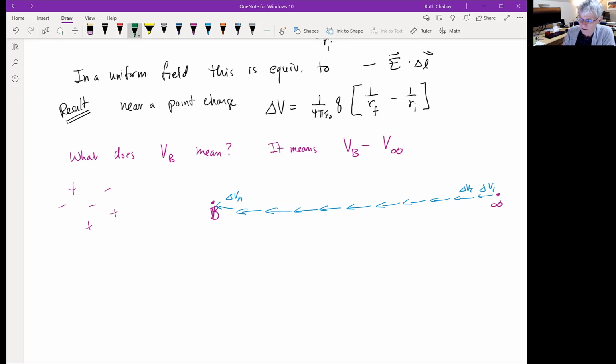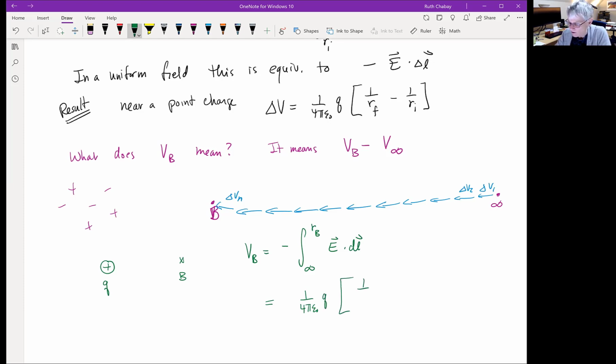So if we consider our example here, here's our positive point charge Q, and here's location B. V sub B would be the negative of the integral from infinity to r sub b of E dot dl. But we already know how to do this integral near a point charge. So this is going to be 1 over 4 pi epsilon 0 q times 1 over r sub b minus 1 over infinity.